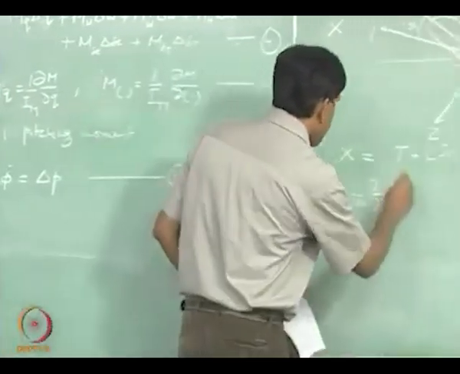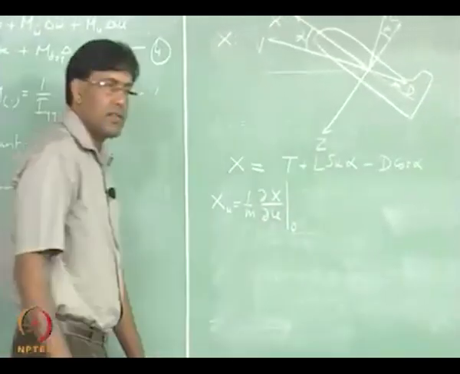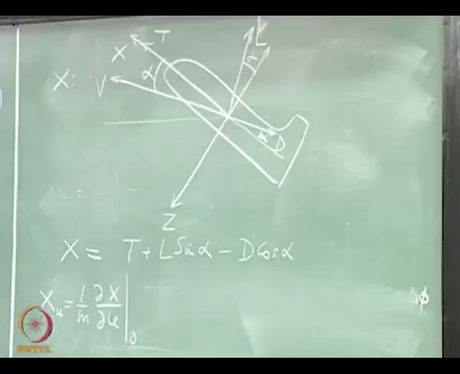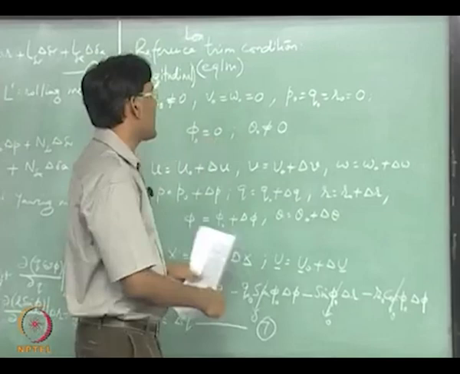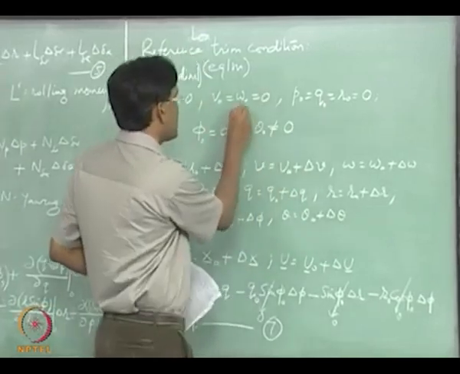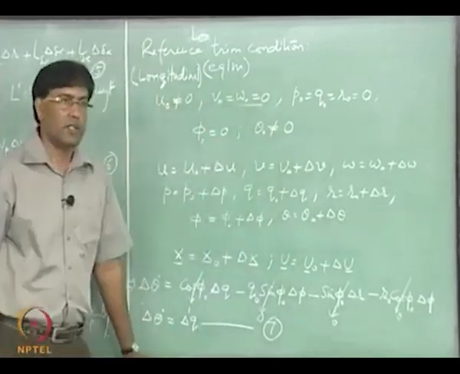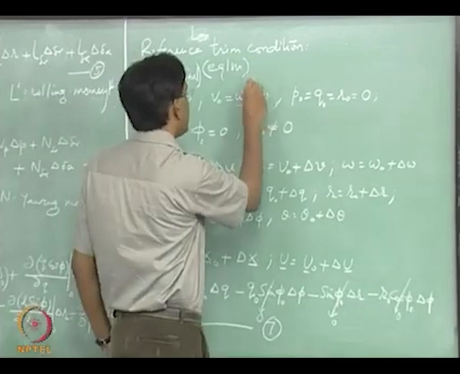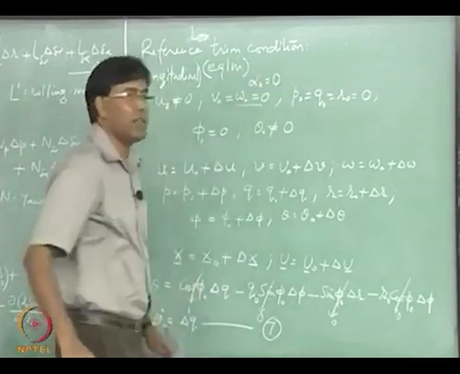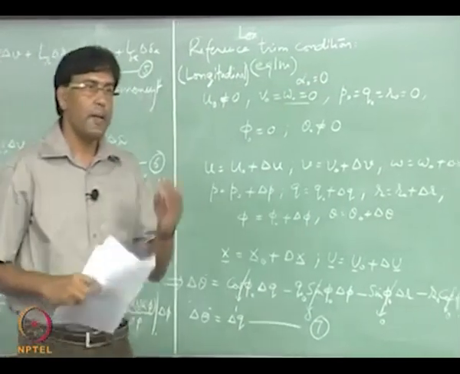So, I am going to evaluate this at equilibrium flying condition, which is given as this. Here alpha naught is 0 because of this, W naught is 0. So, alpha naught is 0.